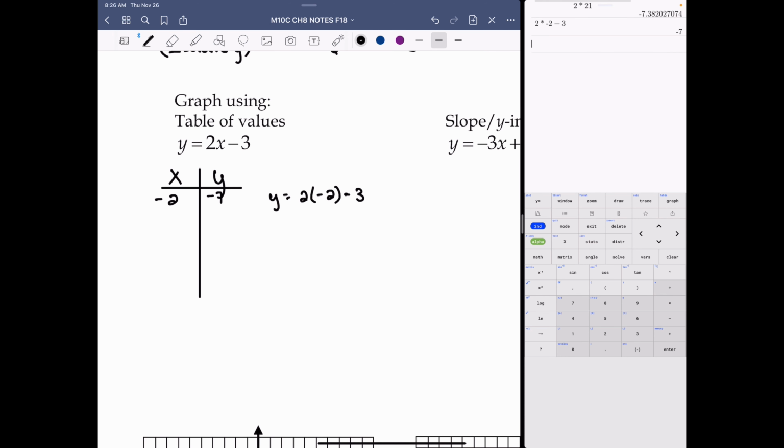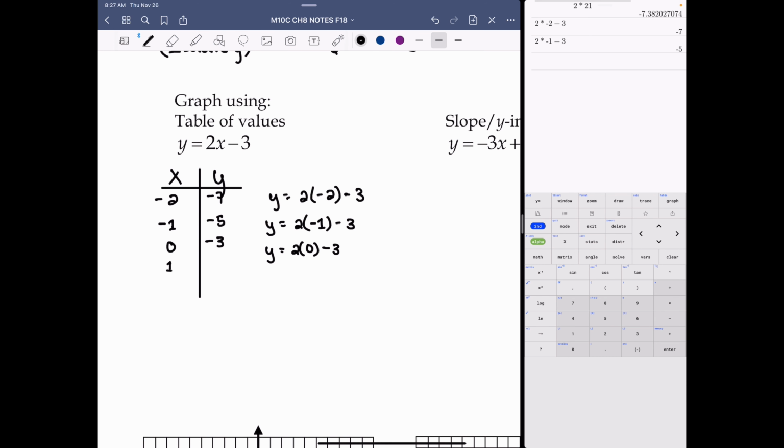If we put negative 1 for x, y equals 2 times negative 1, and then minus 3. So 2 times negative 1 minus 3 is negative 5. Put 0 in for x, y equals 2 times 0, minus 3. 2 times 0 is 0, minus 3 is negative 3.